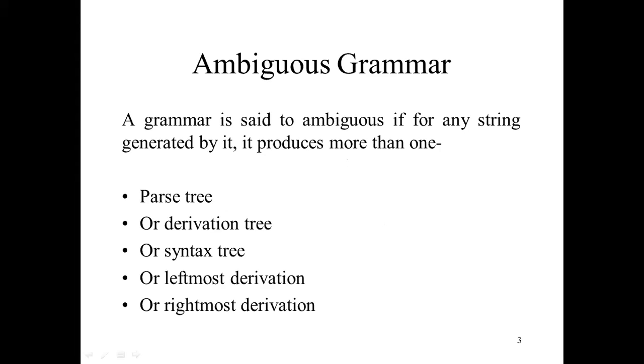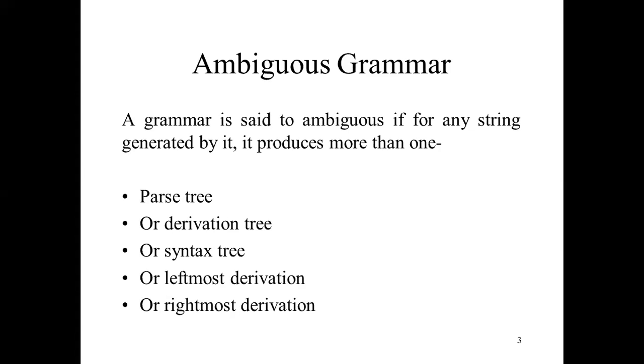A grammar is said to be ambiguous if for any string, because here we will use the string. We always scan several strings after writing the programs, because after writing the complete program, we compile, we click over the button of the compiler to compile the program.